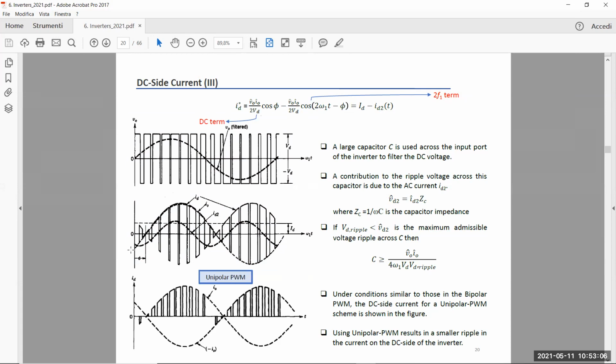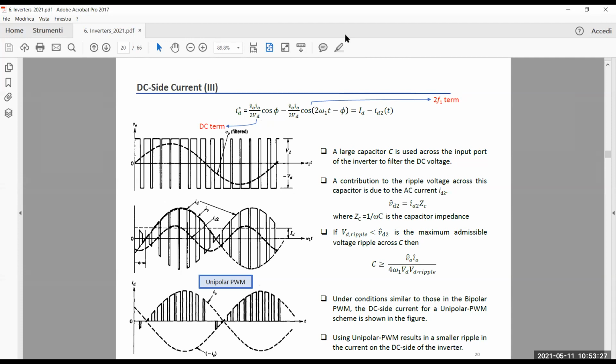So this current at 2 times the frequency f1 is something that you have to absorb in some way. And how can you avoid this current circulating? You can use a capacitor. So let me again share the whiteboard.